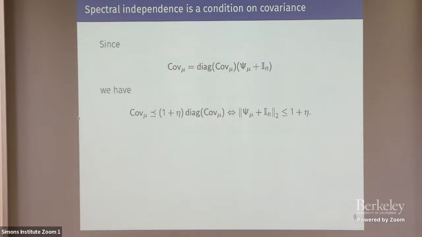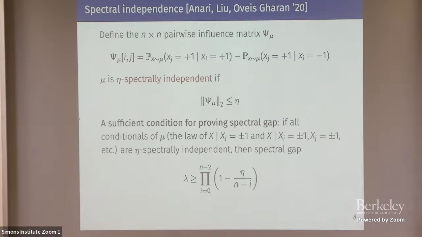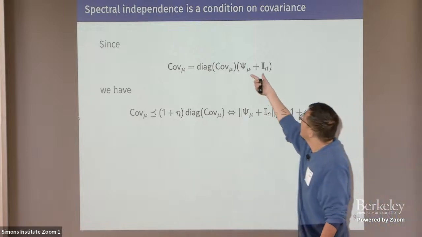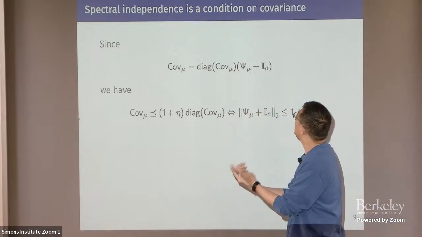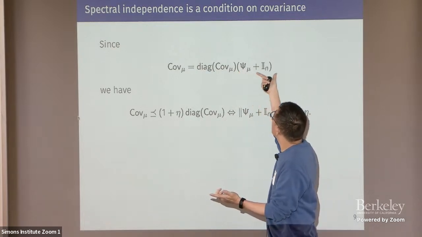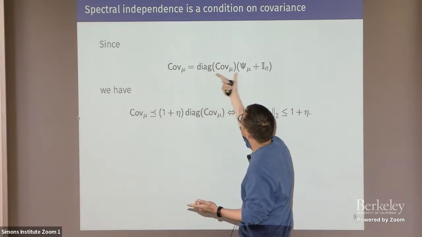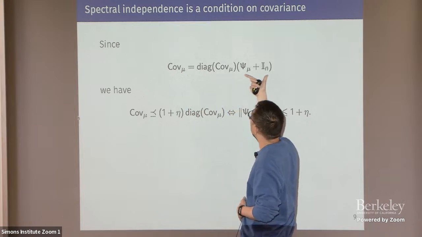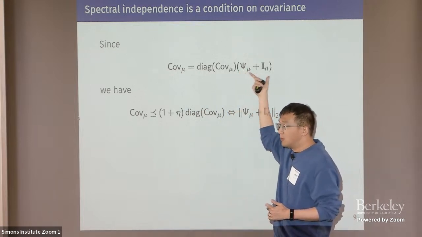One thing they didn't say in the paper, but people later realized, is that this pairwise influence matrix looks scary, but actually the condition is just a condition on the covariance. You have a Boolean density, and you can write this pairwise influence matrix and add the identity, and you get that the covariance of your measure mu is equal to the diagonal of your covariance of mu times this pairwise influence matrix plus identity.